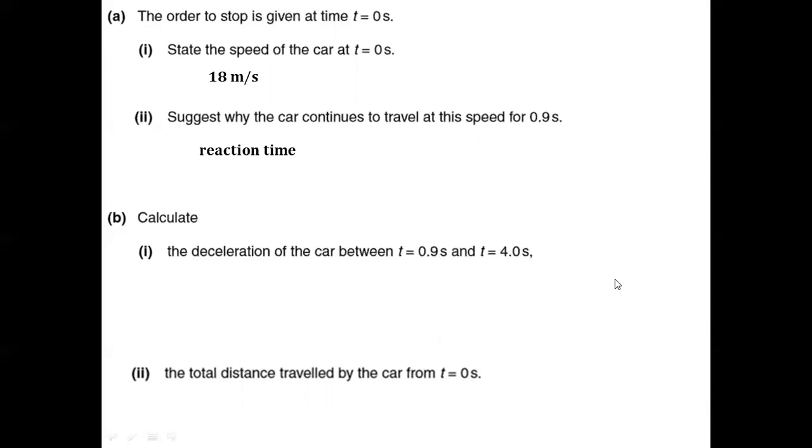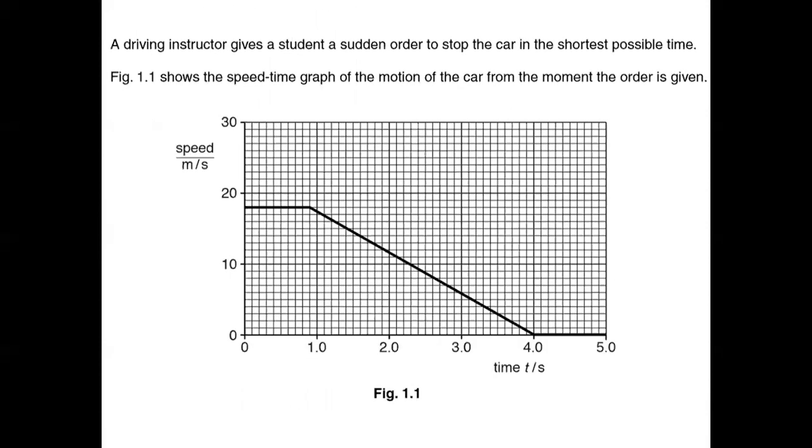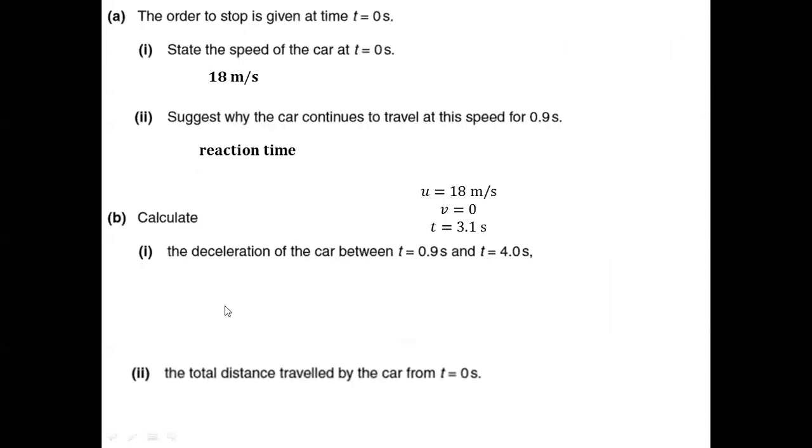Next, calculate the deceleration of the car between time equal to 0.9 seconds and time equal to 4.0 seconds. So to solve this, let's again go back to the graph. Notice that at 0.9 seconds, the initial speed will be 18 meters per second. And then at 4 seconds, the final speed will be 0. And then the total time will be 4 seconds minus 0.9, which is basically 3.1 seconds. Now, using that information, let us compute the acceleration.